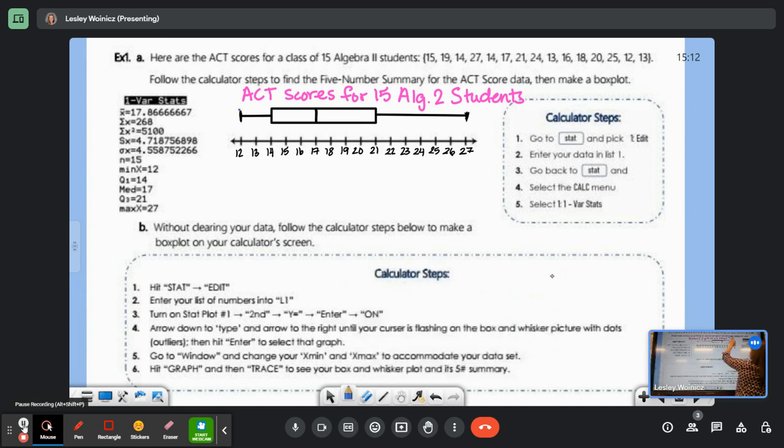So this is my Q, oh sorry, that's not my Q1, that's my min. Fake news. Okay, that's my min. My min was 12. You're writing the min and the 12.